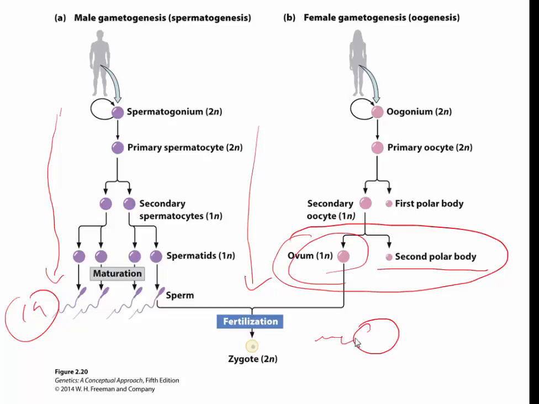What we care about is fertilization. Make a zygote. Make a baby. Okay, there's a baby. And that baby is genetically unique because of all of the different combinations of genes that were contributed by mom and dad.